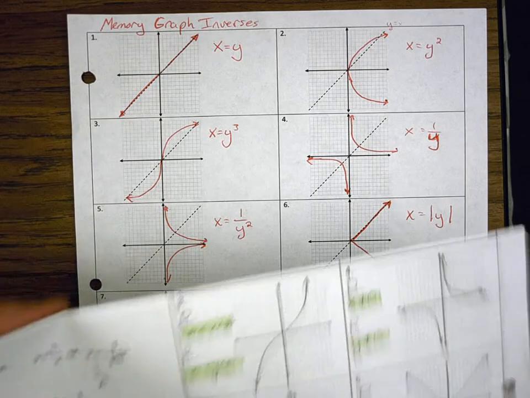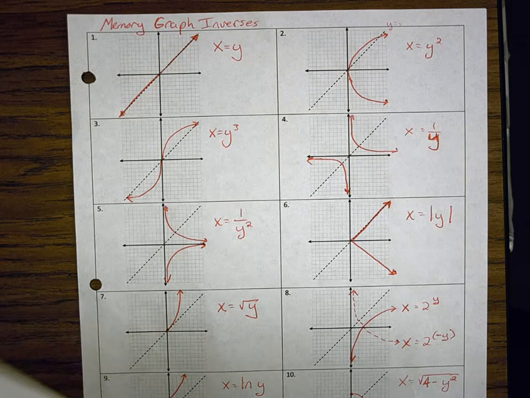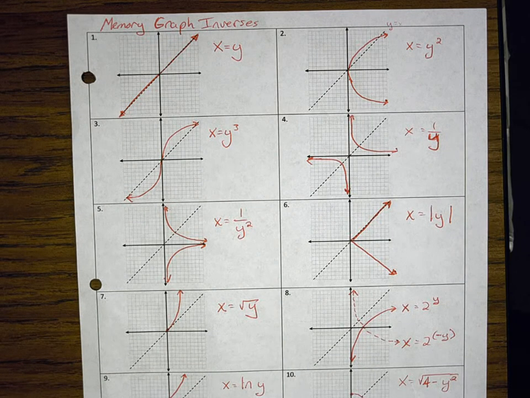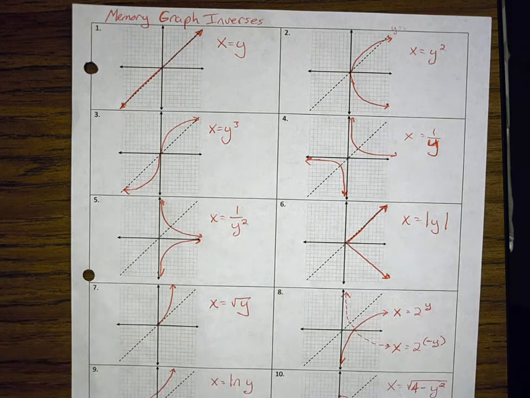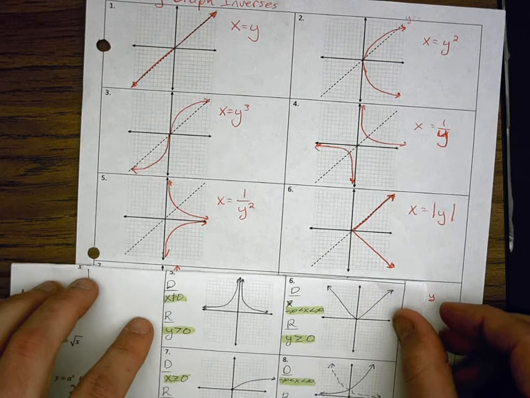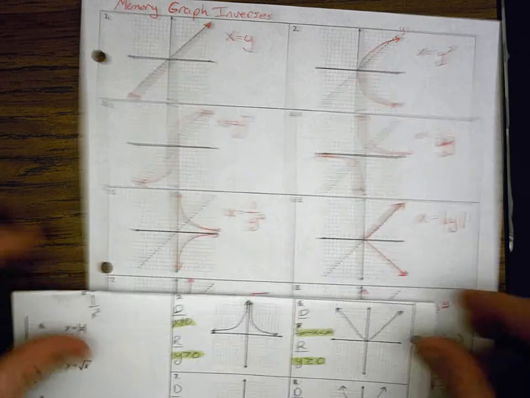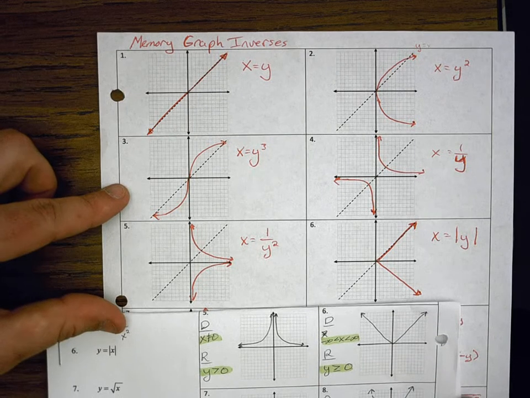Okay? Did I just show 5 and 6? Well, here's 3. You should have number 3 on your.